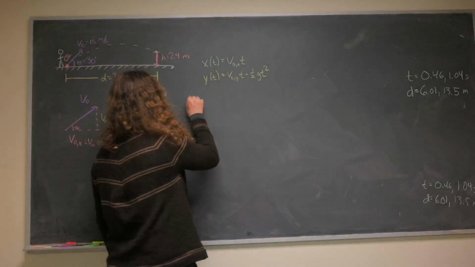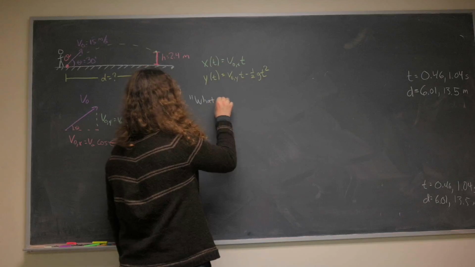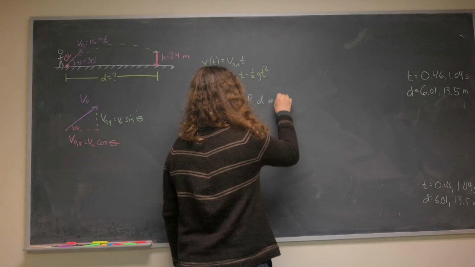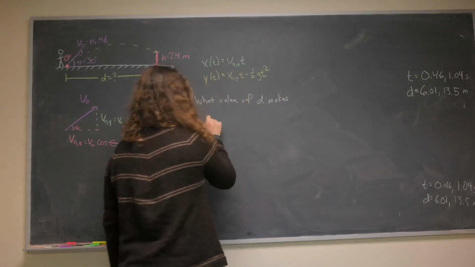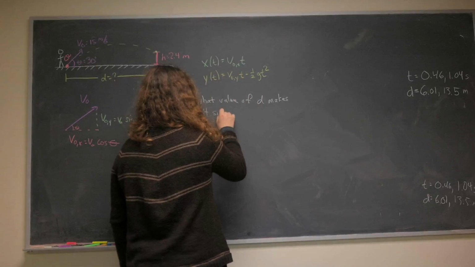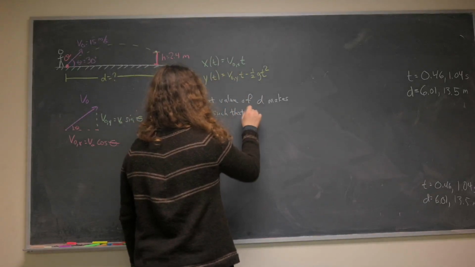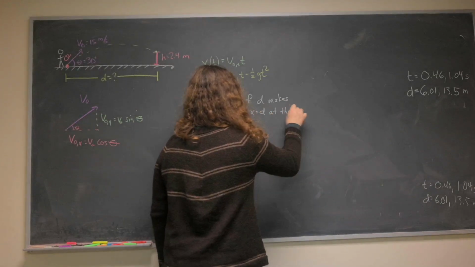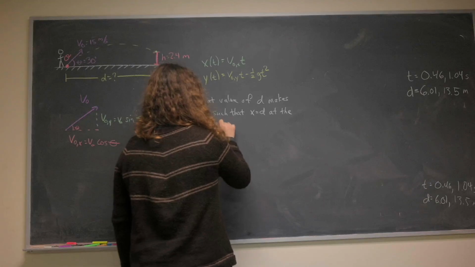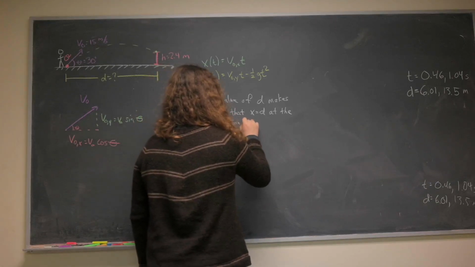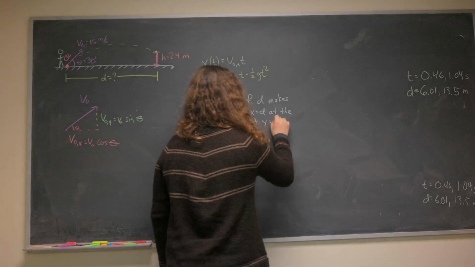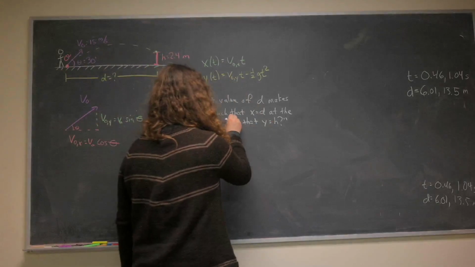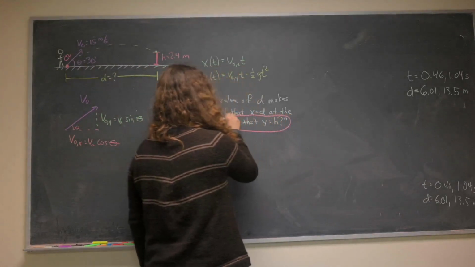So what we need to ask is, what value of d makes it such that x equals d at the same time that y equals h, question mark. So that's what I need to do. And this gives us a roadmap for doing the algebra.